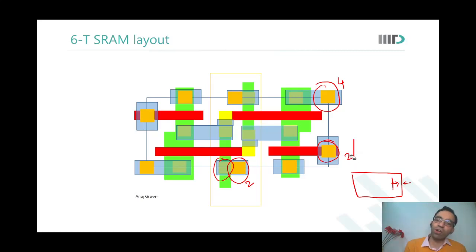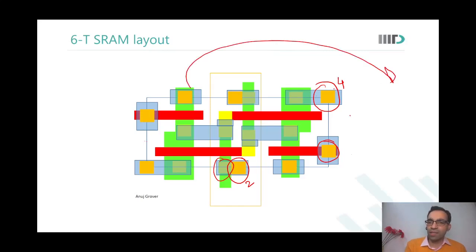But when I'm saying it is the same cell that will repeat next, I cannot really place this cell exactly translated over here. I will have to mirror it such that this is how my design will appear. This will be metal 1.